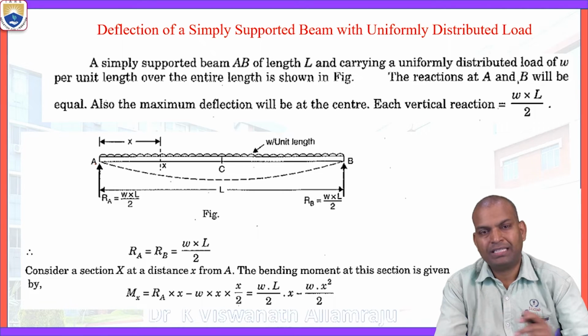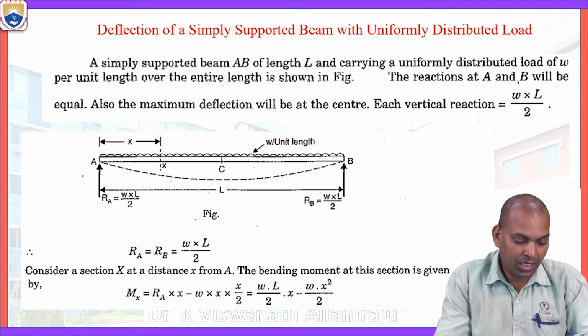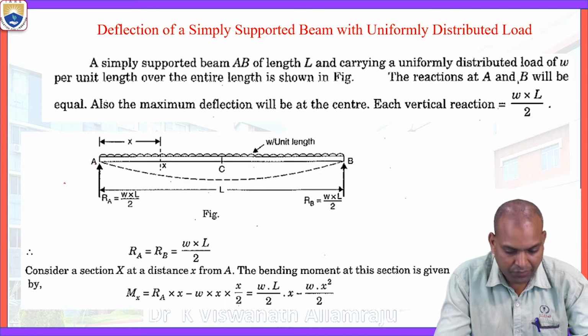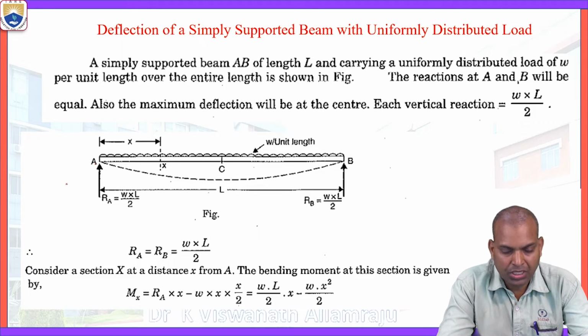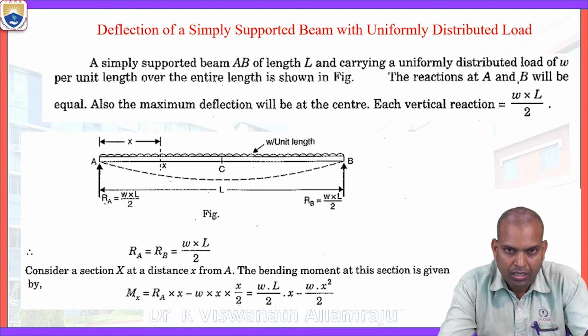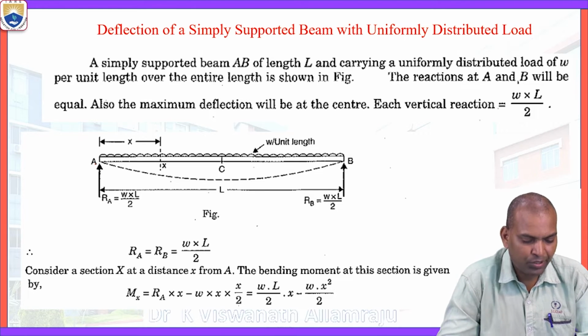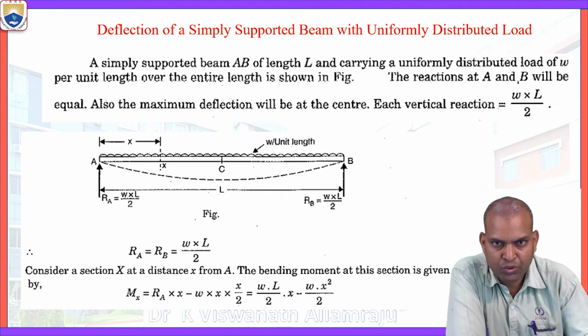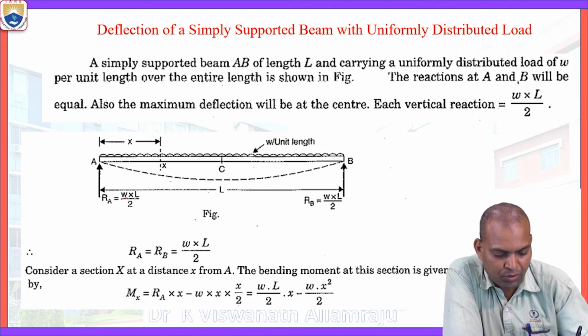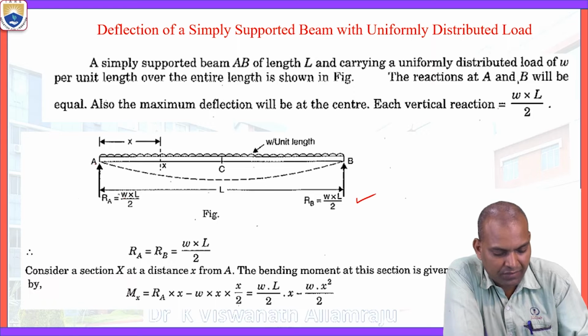After applying, the reactions observed are equal at support A and support B: wL by 2 and wL by 2. Here this small w is not a point load, it is a uniformly distributed load. So wL by 2, equal reactions.